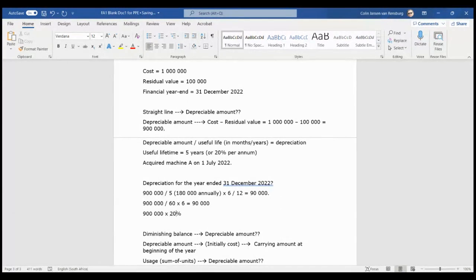That should also give you 180,000, and then you multiply it by 6 and you divide it by 12 again, and that should also give you 90,000. So that should all give you 90,000.